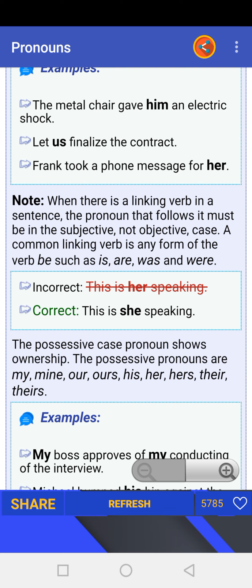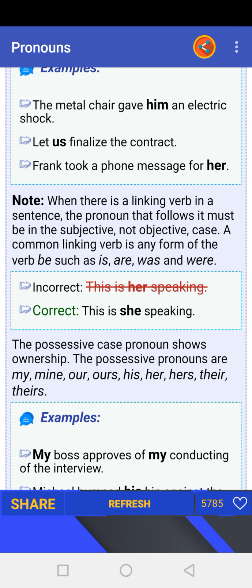When there is a linking verb in a sentence, the pronoun that follows it must be in the subjective, not objective case. A common linking verb is any form of the verb to be, such as is, are, was, and were.